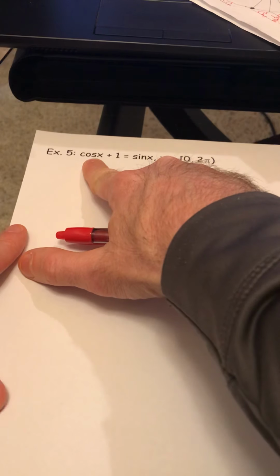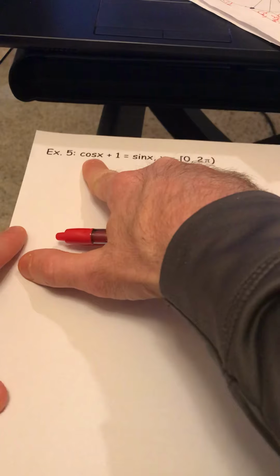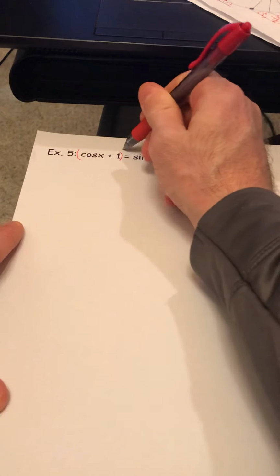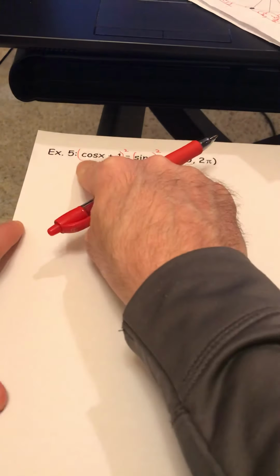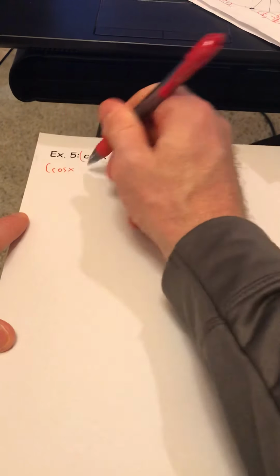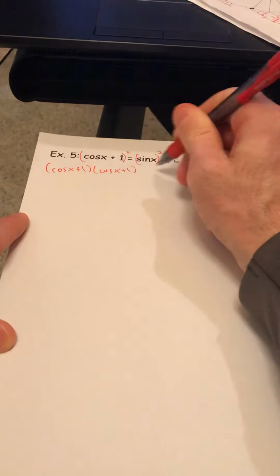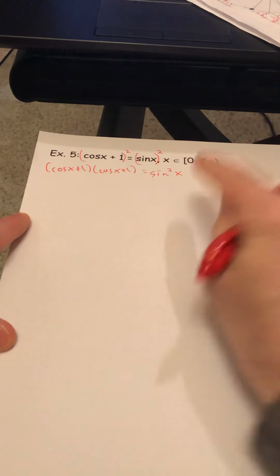And from here, what we are going to do is, as long as we keep each side balanced, we are going to square both sides. Now, when I do that, I am going to write out this side. The right side's just going to become sine squared x.